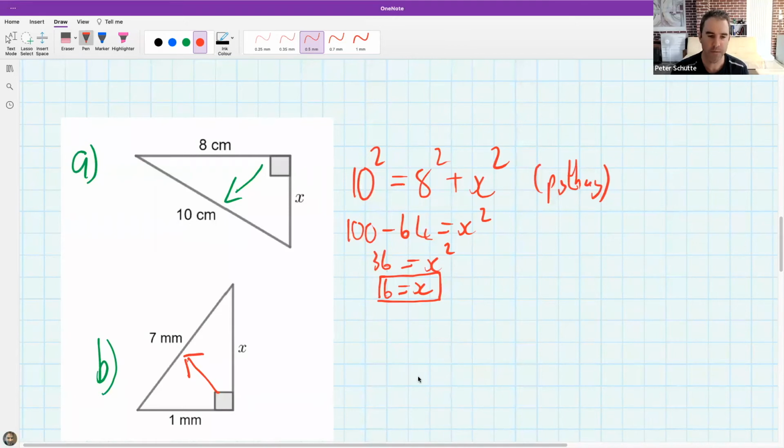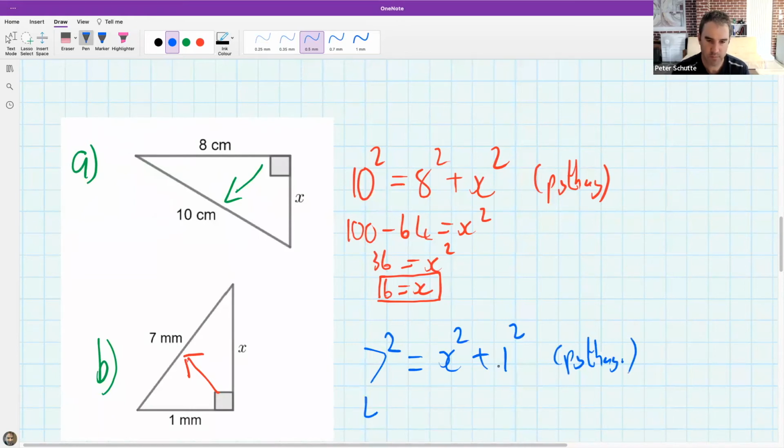Now, so they won't all be nice and neat. So far, we've had questions where it's always ended up being neat, but sometimes it won't be. So I look for my hypotenuse and I write 7 squared equals. And what do we have? Well, I move the 1 across and it's going to be minus 1.